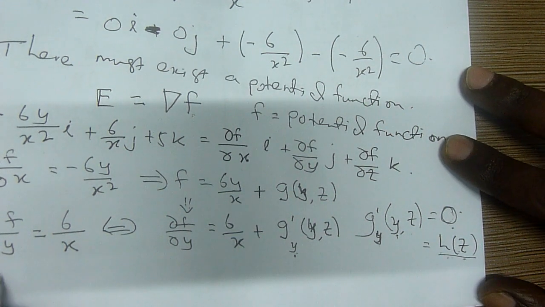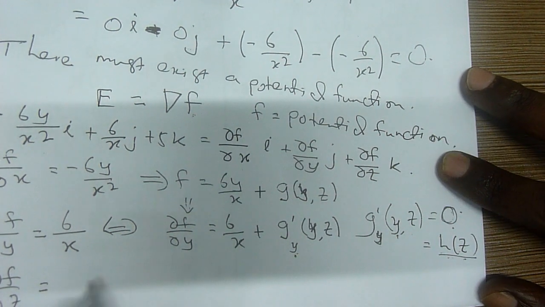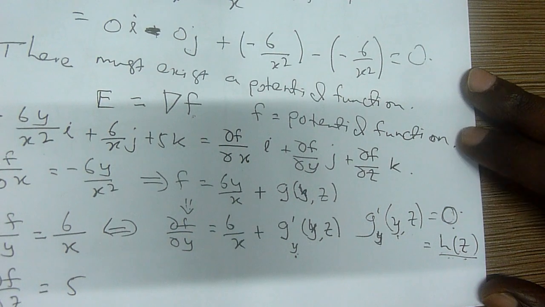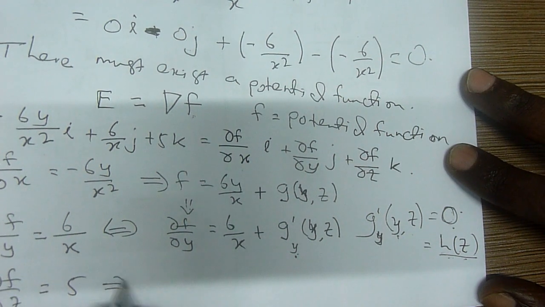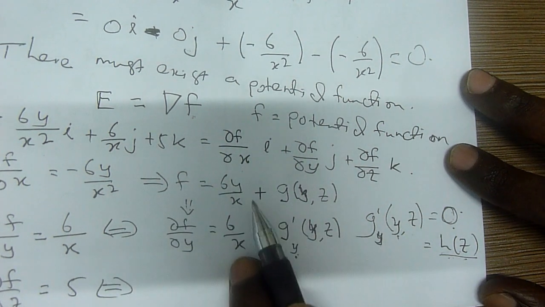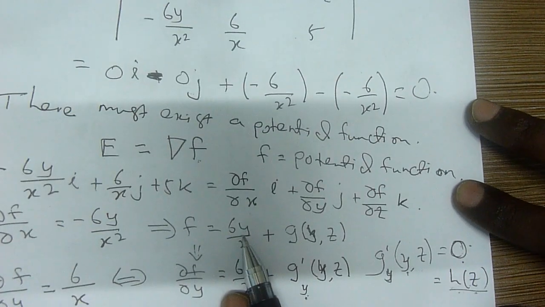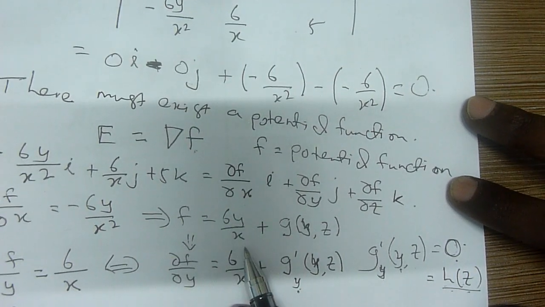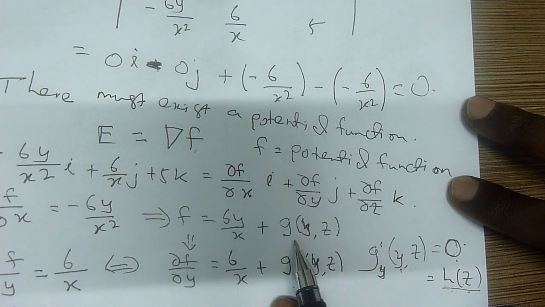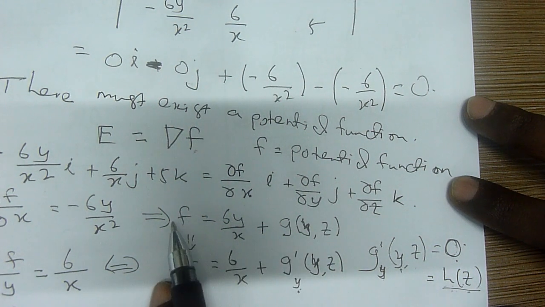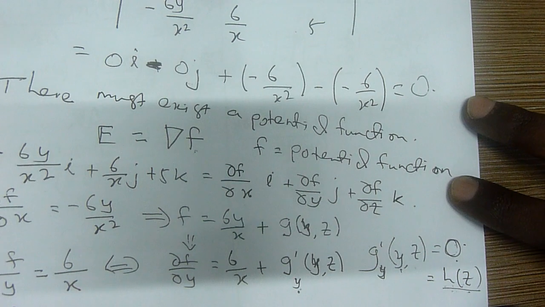Okay, if this is the case, del f over del z, here I get a 5. And obviously, f is 6yzx plus h(z). Now you see, if I start doing del f over del z, something very interesting results here.